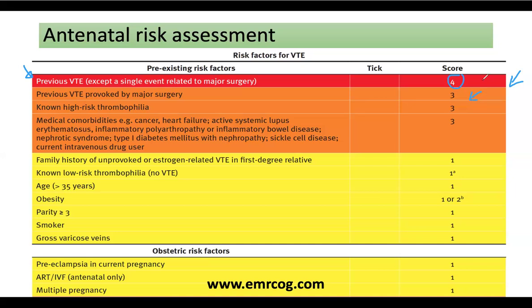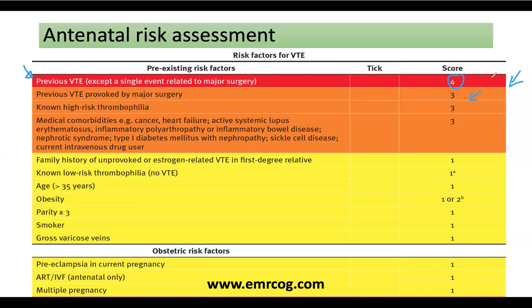So a woman developed a DVT in the previous pregnancy, score 4, starting low molecular weight heparin from the early pregnancy. And we're going to speak in details about the difference between those women even. So in this category, this special category, the red one, this is a high risk or a very high risk category.